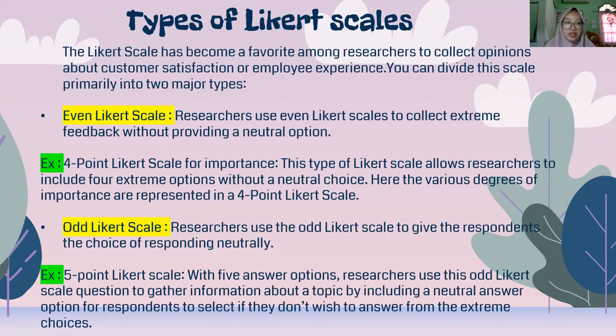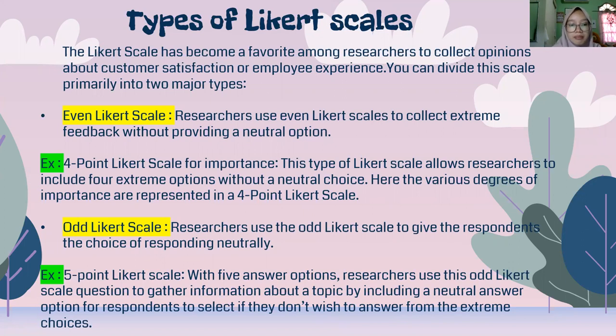Take a look at the example. For a 4-point Likert scale for importance, this type of Likert scale allows researchers to include four extreme options without a neutral choice. Here, the various degrees of importance are represented in a 4-point Likert scale. And odd Likert scale is where researchers use the odd Likert scale to give the respondents the choice of responding neutrally.